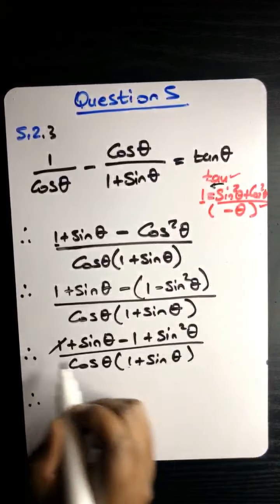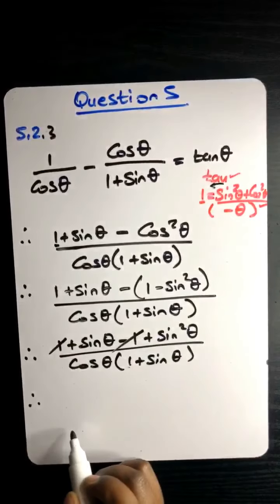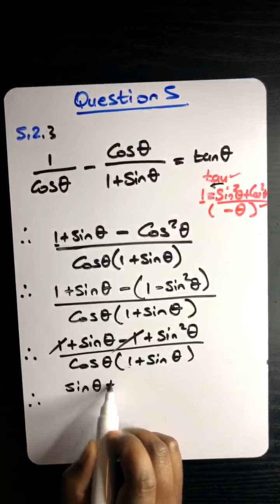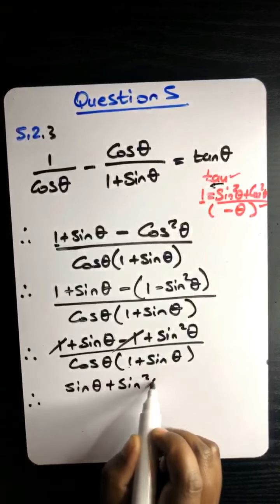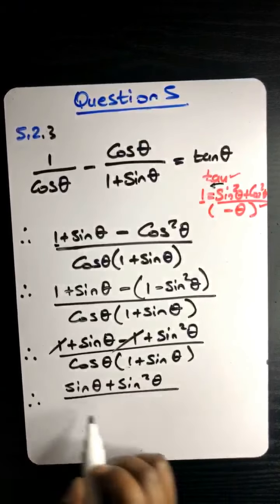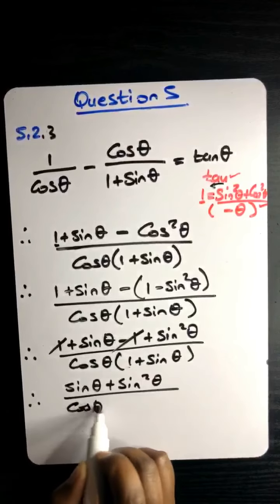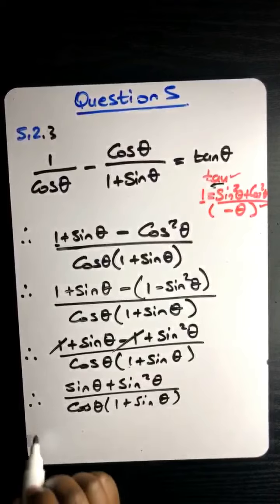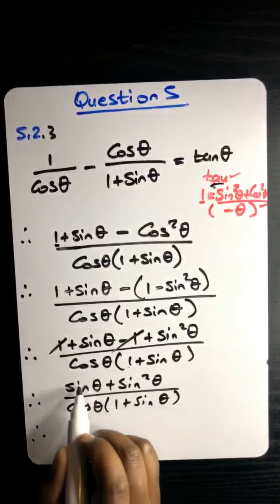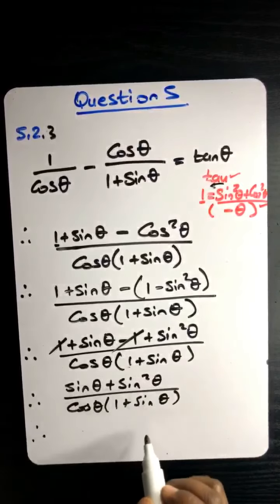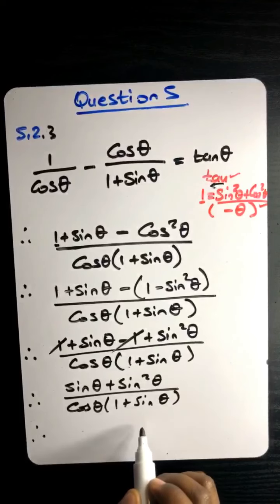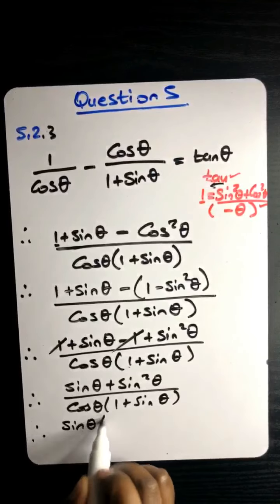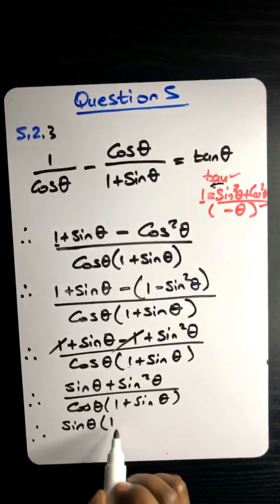So can you see 1 minus 1 cancel each other out? Then you remain with sine that plus sine squared that all over that, and that. So easy, easy, easy. You take out that as a common factor there. So you obviously end up having sine that into what is it?